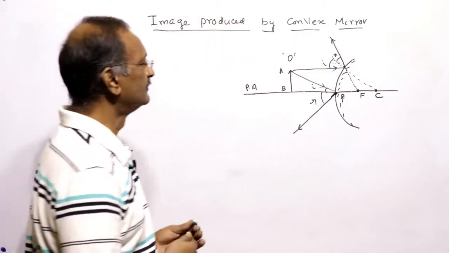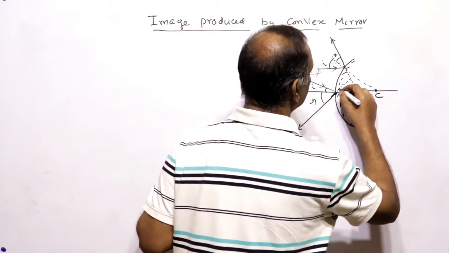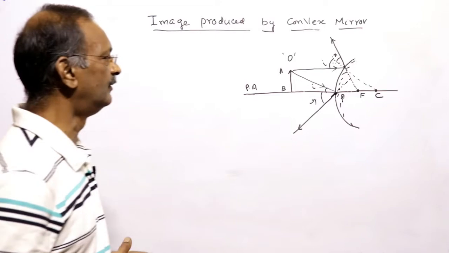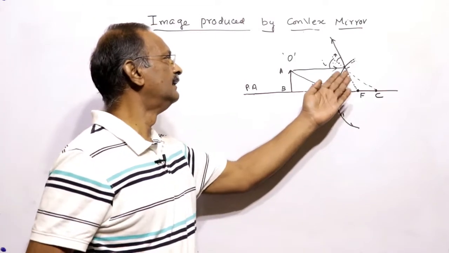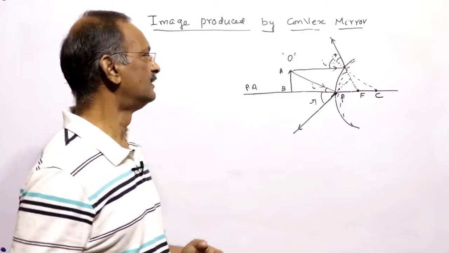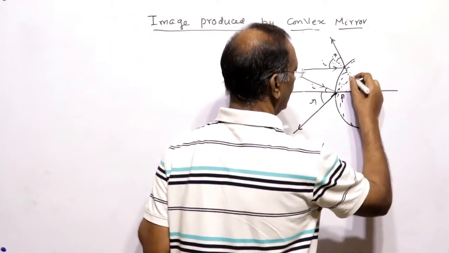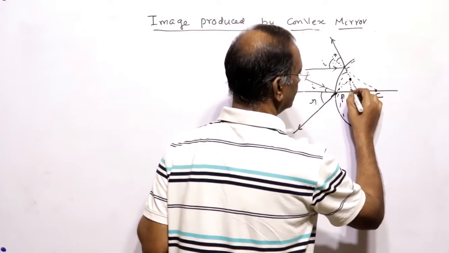Where is the image formed? By producing them backward. There is no way the rays will intersect in front of the convex mirror. So by producing them backward, the image is formed, and the rays appear to diverge from it.